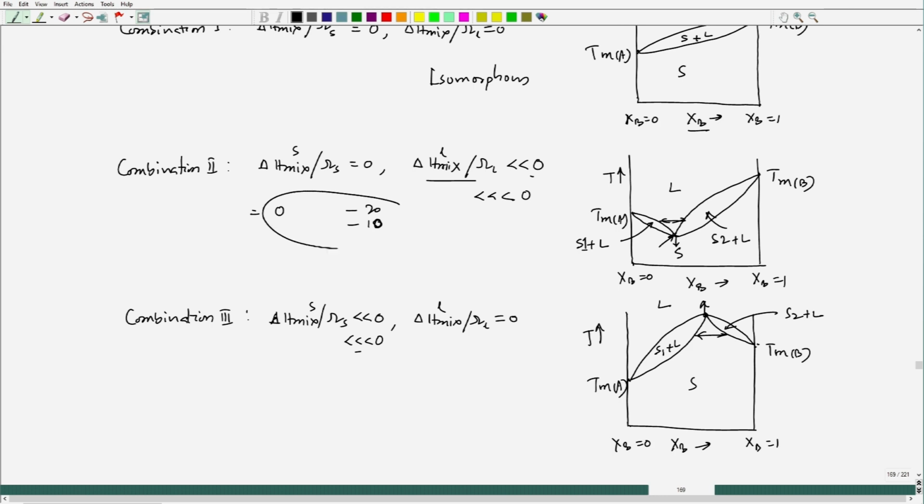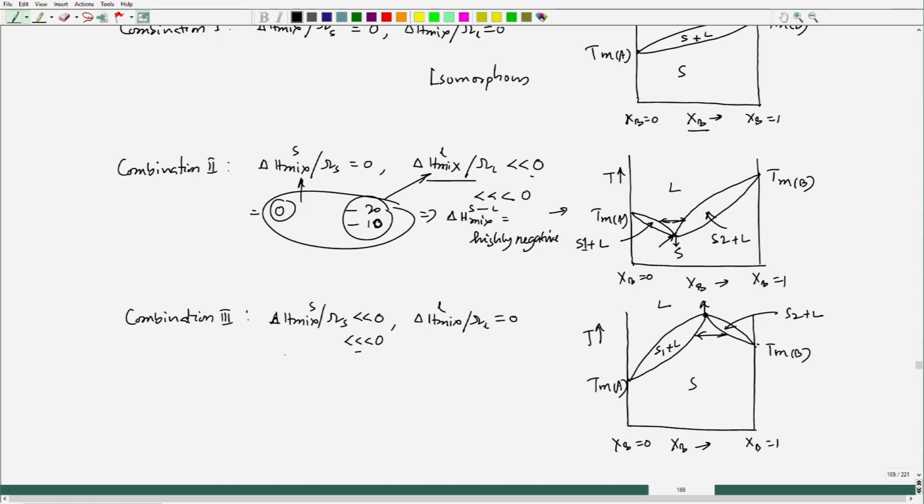The difference of del H mix solid and liquid is coming out to be highly negative. In that case we will experience this. Fine. So, this is this combination about this, and this combination about this. Fine.